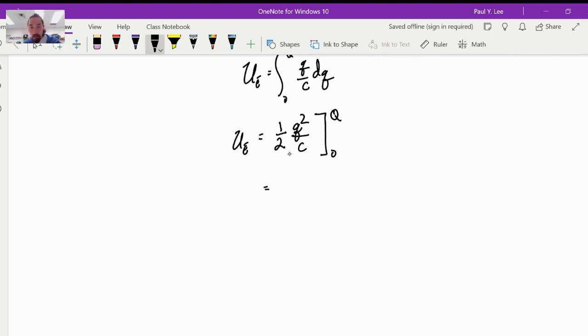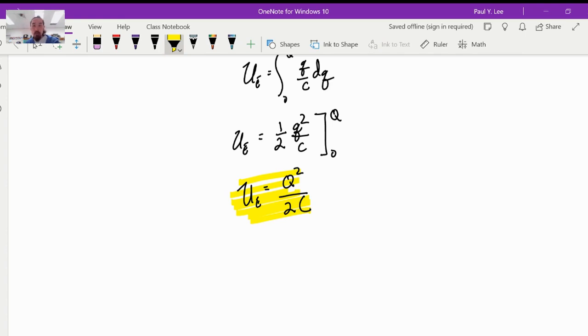We substitute in our bounds, and we get capital Q squared over 2C.